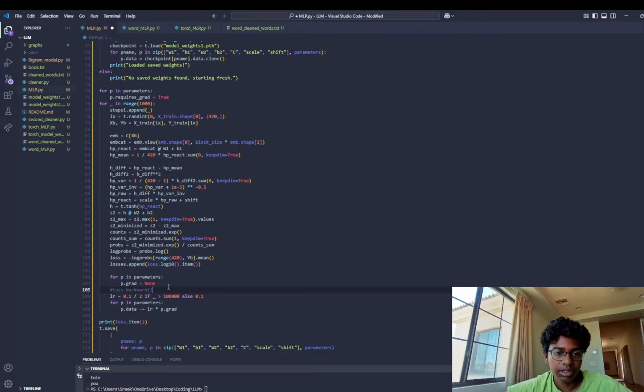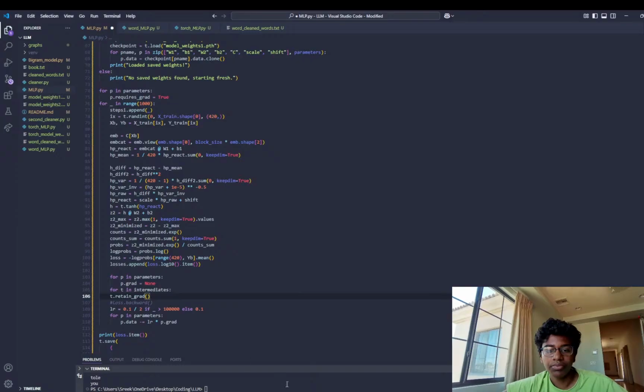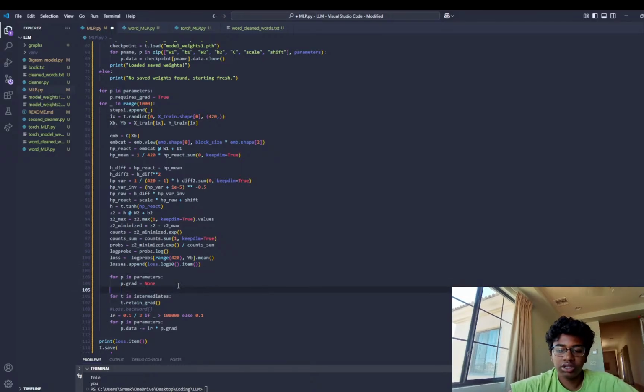After for p in parameters, p.grad is None, we call for t in intermediates, t.retain_grad. But now we have to define intermediates. How are we gonna do this? Let's just go down the list and append these all to intermediates. We could manually append it all, but I think we just create a list.